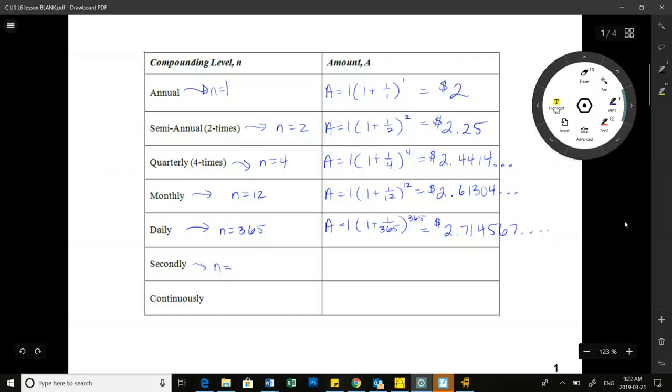365 times 24 times 60 times 60. Okay, we need a consensus on this. 365 times 24 times 60 times 60.